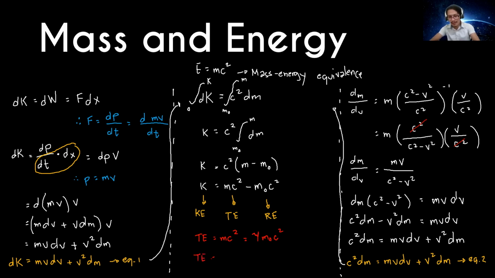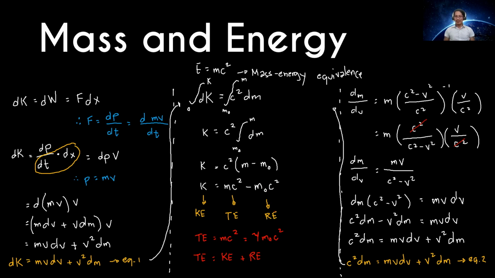Total energy is equal to kinetic energy, yan, or KE na lang ha, kinetic energy para mas maintindihan. Kinetic energy plus the rest energy. So yan ang equation. That's how the mass energy equivalence is being derived.